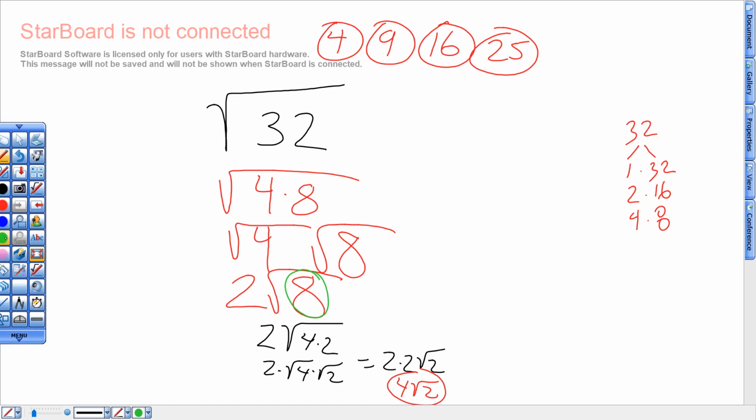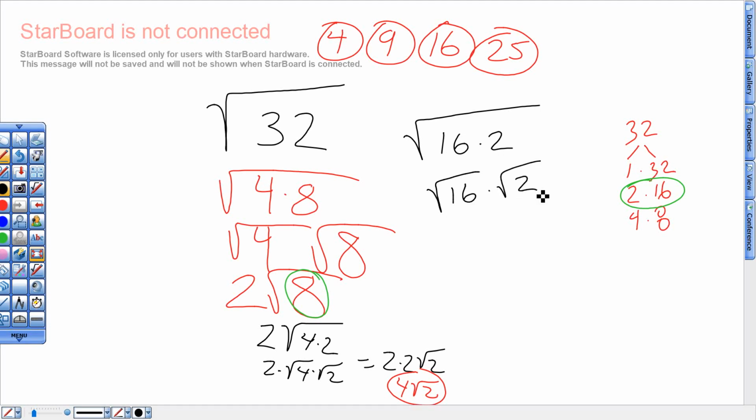But if you were instead, Camille, instead of using 4 and 8, to use this pair right here, it's called going for the biggest root. Watch what happens when you use this one. If you use 16 and 2, the beauty of looking for the very biggest root possible is that when you split this, it ends up being the final reduced answer in just one step.